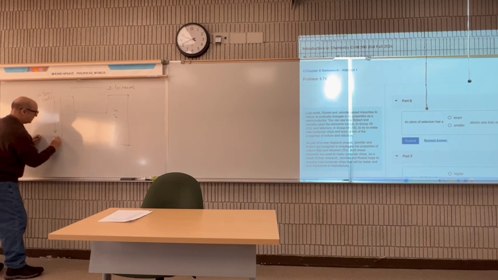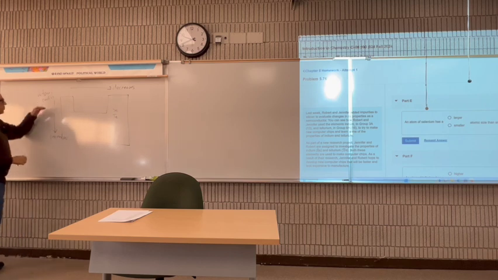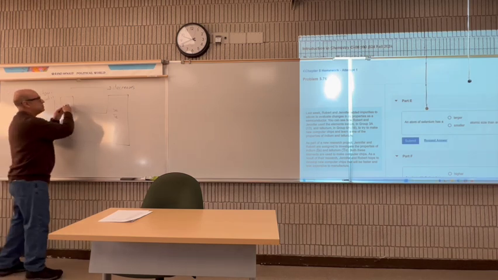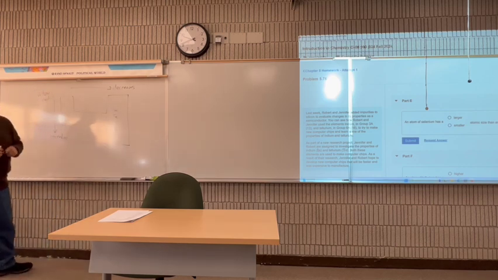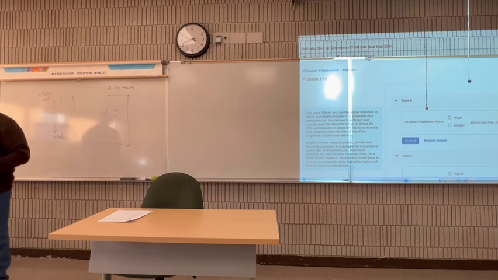This is increases. So radii gets larger as you move down the periodic table, but it gets smaller as you move to the right on the periodic table. And that's because of the attraction of the protons for the electrons. Okay.